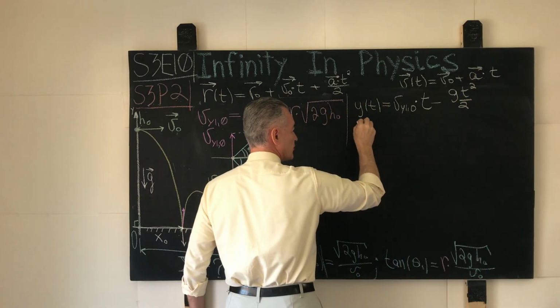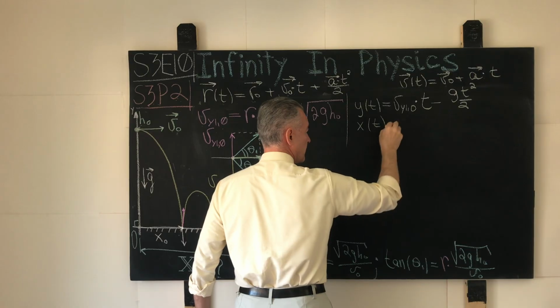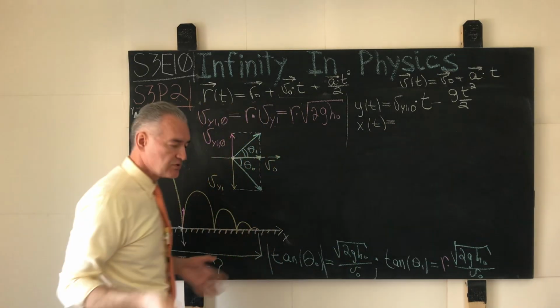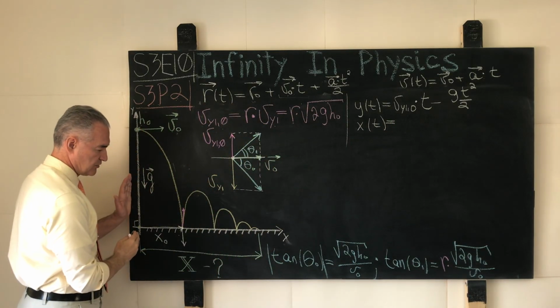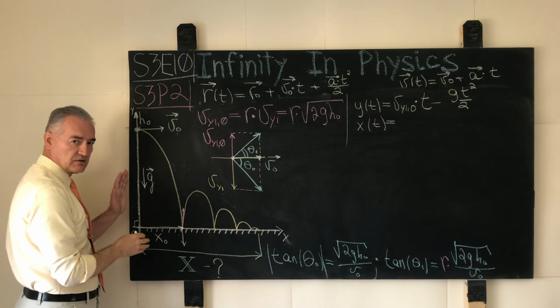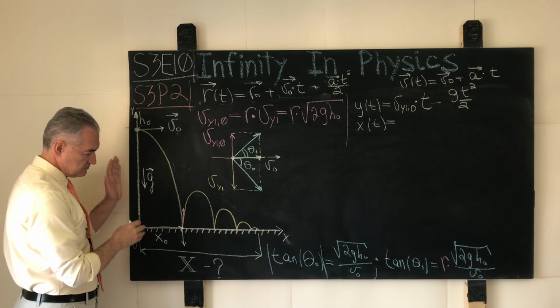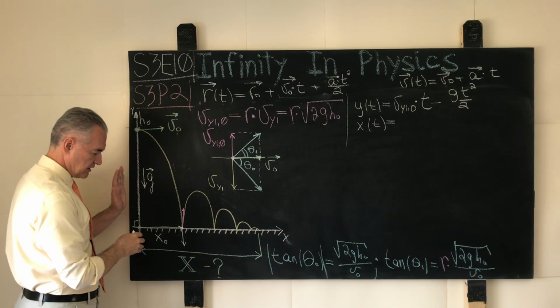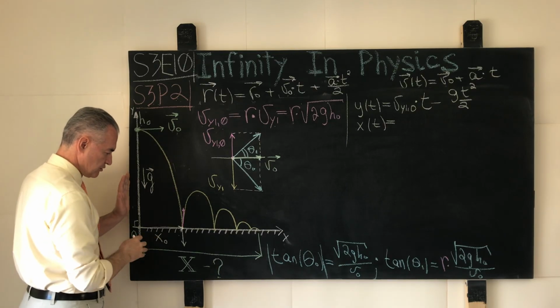What will we have for the horizontal displacement? Again, let's temporarily ignore the fact that our frame is over here. We will get back to the boring and convoluted arithmetic.